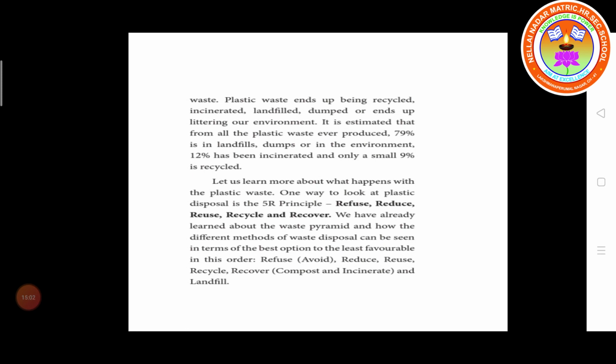So mostly we dump or landfill the plastic, 79%. Only 9% could be recycled and 12% is incinerated.